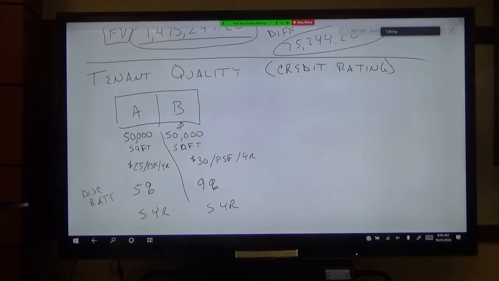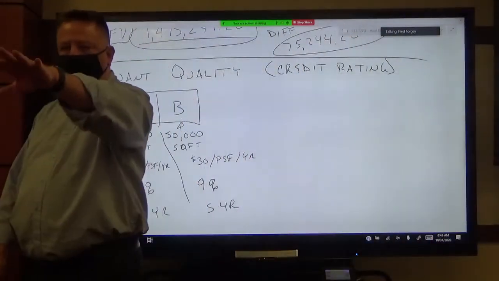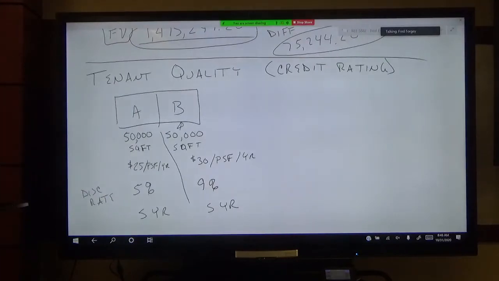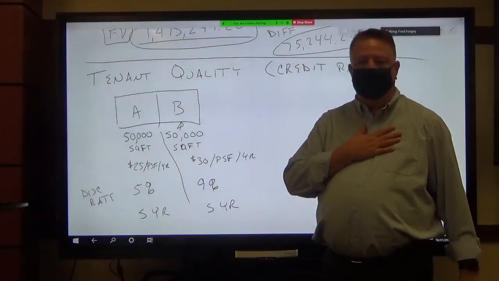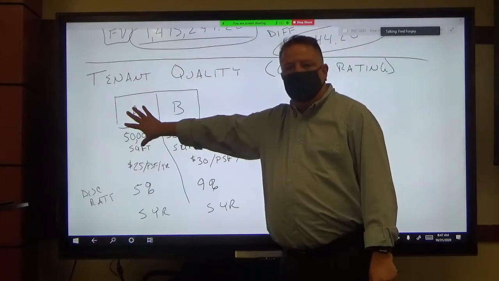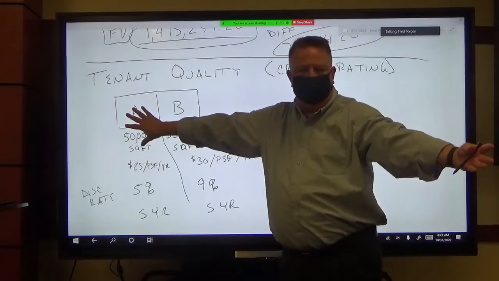Got it. Okay? Now if that's the case, they're going to be looking, from the underwriting perspective, and saying, okay, who are these two tenants? What are their backgrounds? And then what is their relative risk? So the lender, to a certain extent, is saying the cash flow from tenant A is going to be safer, more certain, more secure.